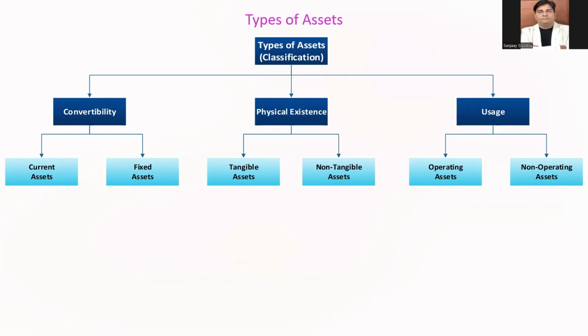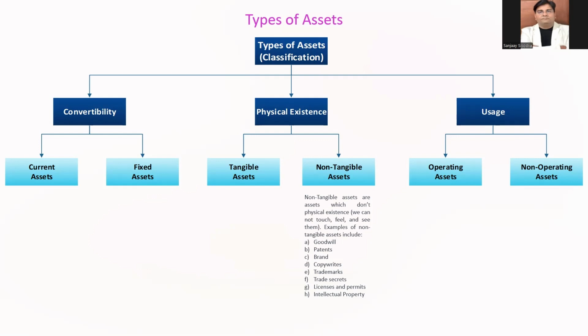When we say non-tangible assets, these are those assets which don't have a physical existence. One can neither touch them, nor feel them, nor see them. And some of the examples of non-tangible assets are goodwill, which you can say is the reputation of the company or the business entity, or even you can say the respect that it commands in the market.